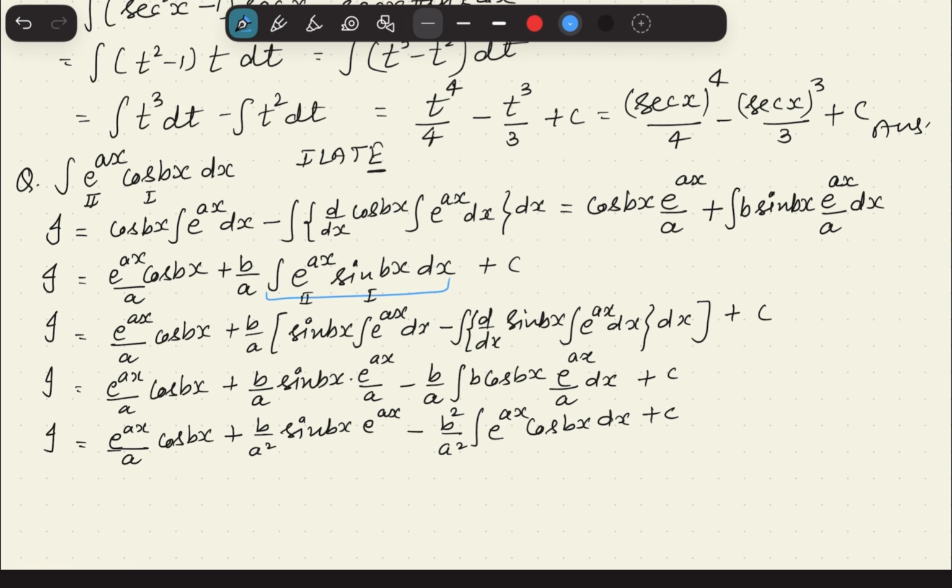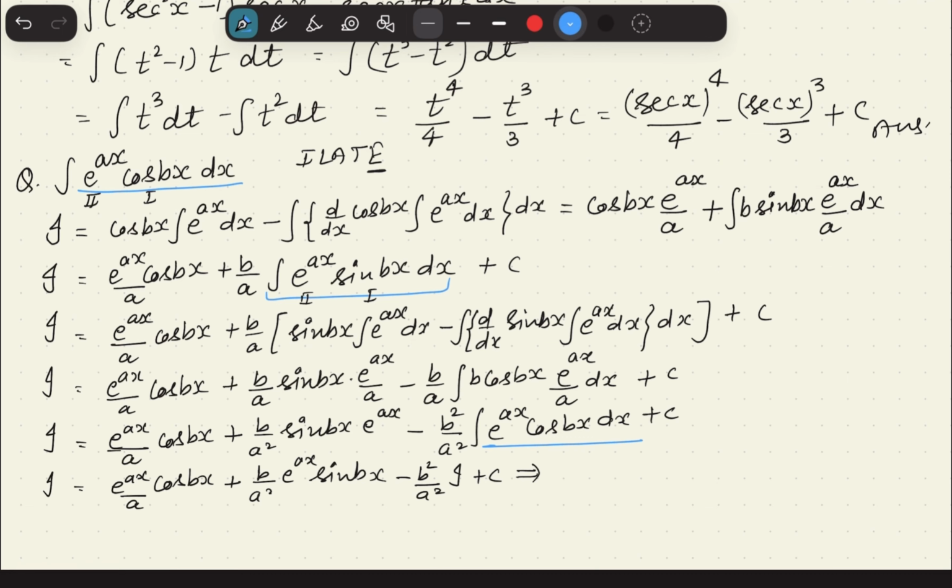Now clearly from here we can see that this integration is again equal to I. So this I is equal to e to the power ax cos bx upon a plus b upon a square e to the power ax sin bx minus b square upon a square into I plus c.